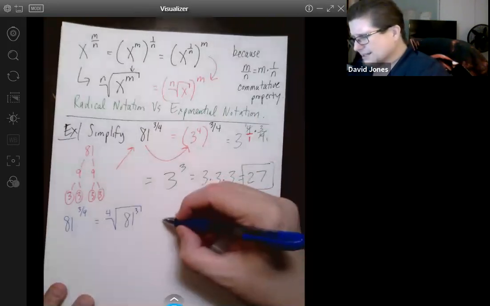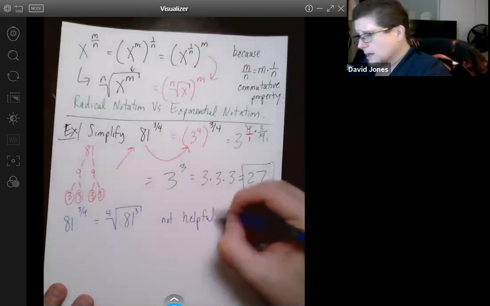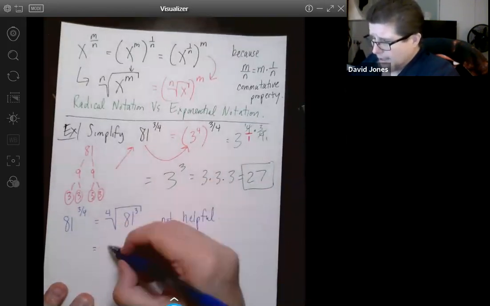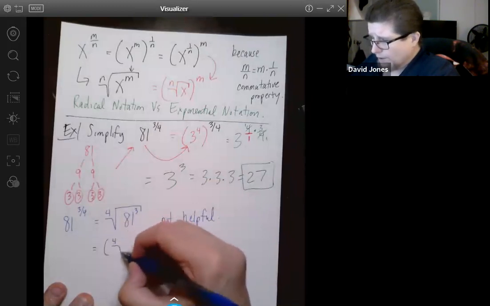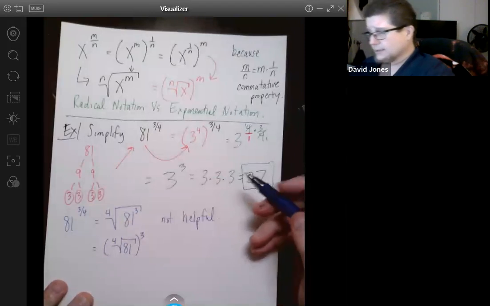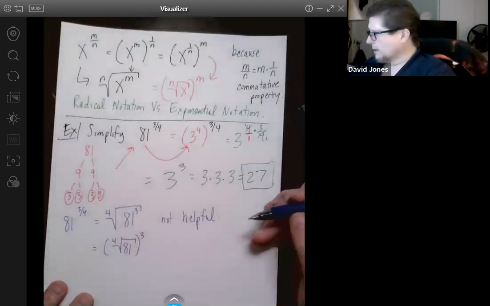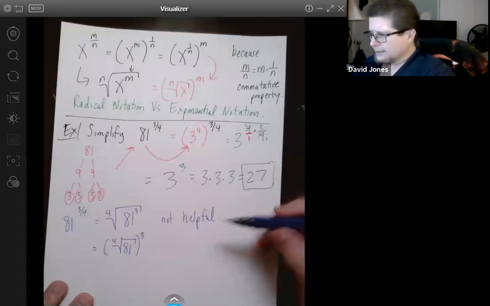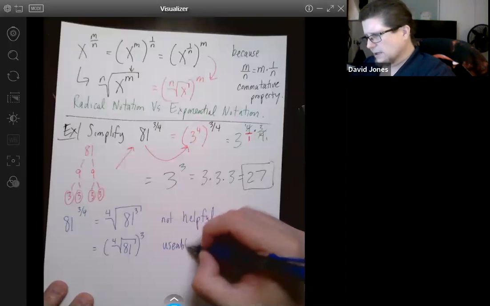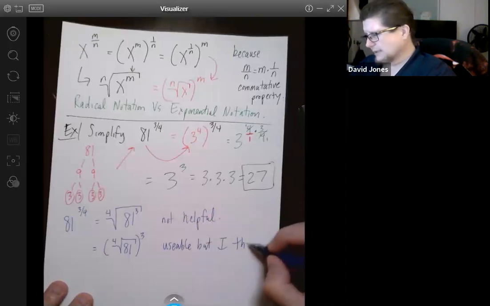I don't think this is helpful. I could put the 1/4 on the inside. I could say this is the fourth root of 81 and put the cube on the outside. And this is usable, but I think working with the fractions was easier.